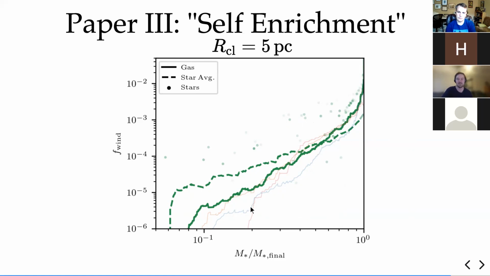But generally, you can also see that there's a relatively nice power law-ish dependence of F wind on M star. That comes from the fact that the mass loss rates of these winds are relatively constant, and the star formation, for the beginning of the simulation, follows a linear star formation history.